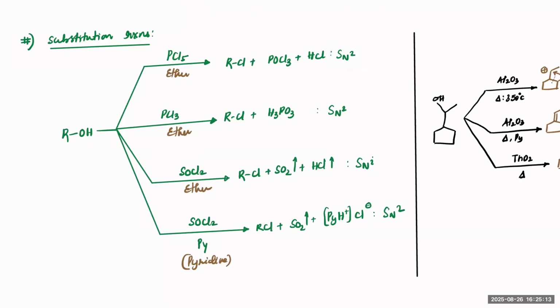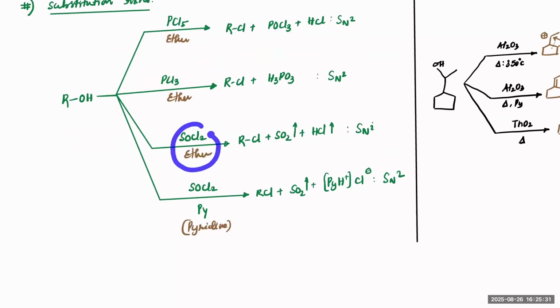This is what we learned in mechanism already, in alkyl halides. For the preparation part, alcohols, when you react with PCl3, will give you this. But here it will take 3 moles of alcohol to get 3 moles of alkyl chloride. Understood?